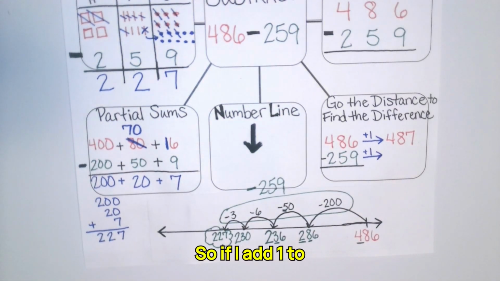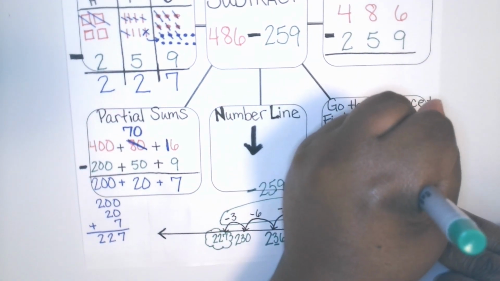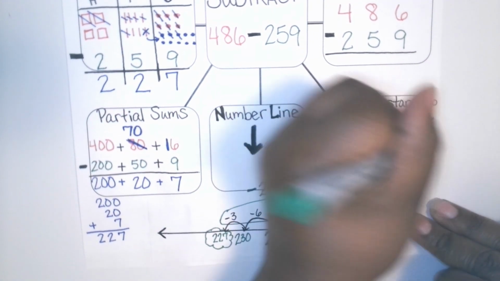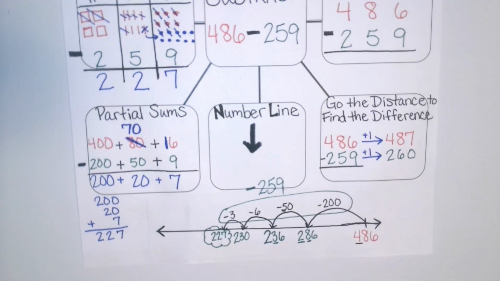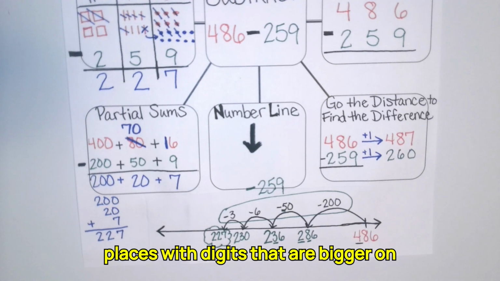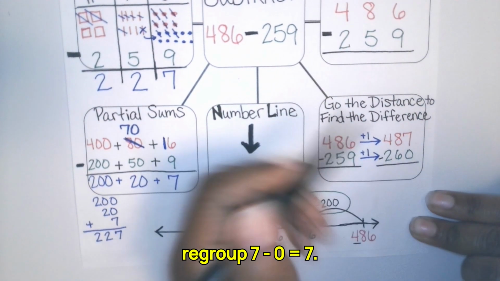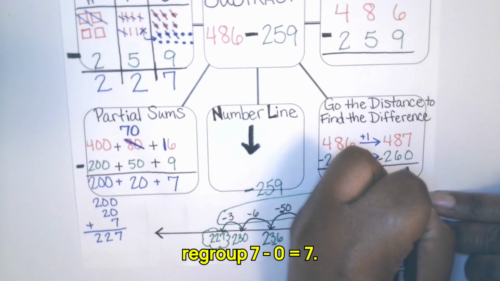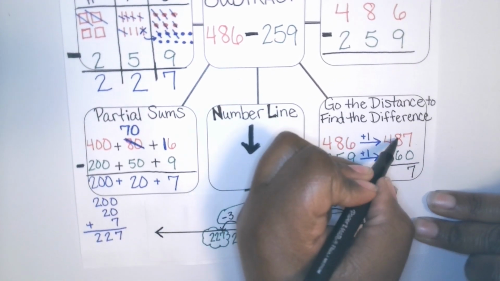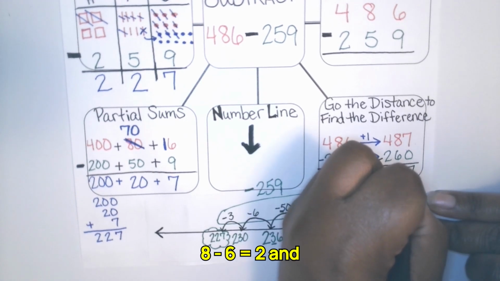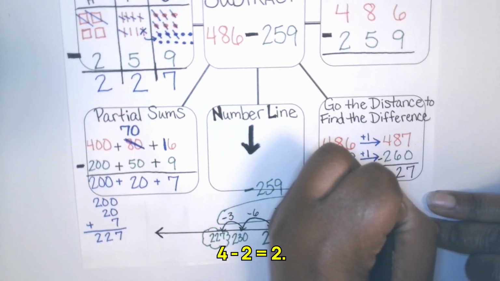So if I add 1 to 259, that gives me 260. Now I have all 3 places with digits that are bigger on top. Therefore, I don't have to regroup. 7 minus 0 is 7. 8 minus 6 is 2. And 4 minus 2 is 2.